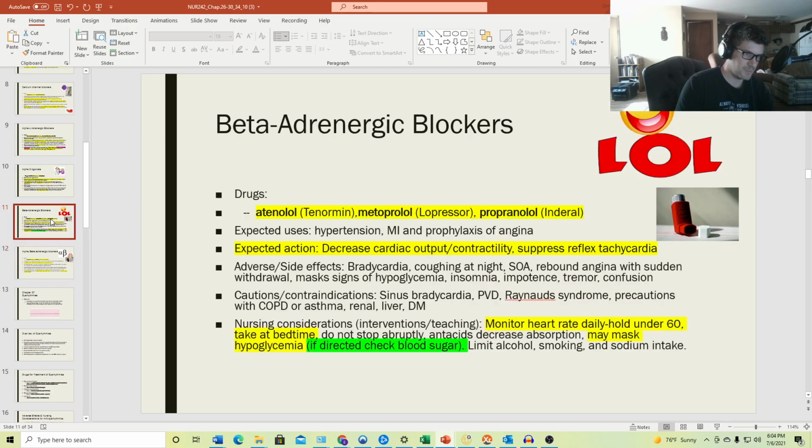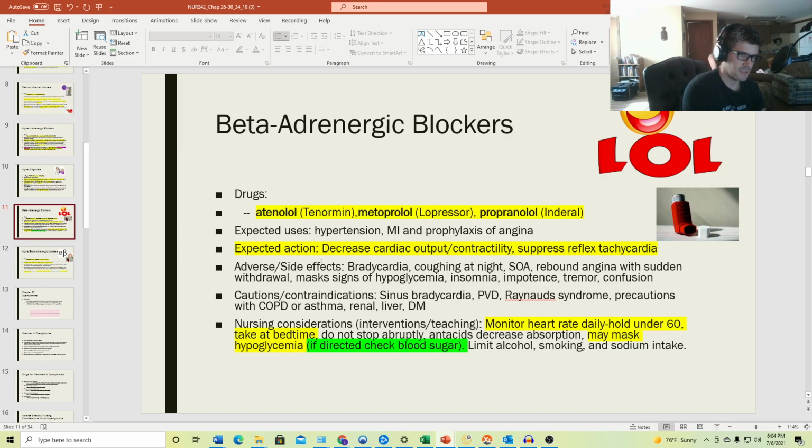So again, beta blockers are all OLOL. Atenolol, metoprolol, and propranolol are your beta blockers, and they're used for hypertension, MI, and prophylaxis of angina.